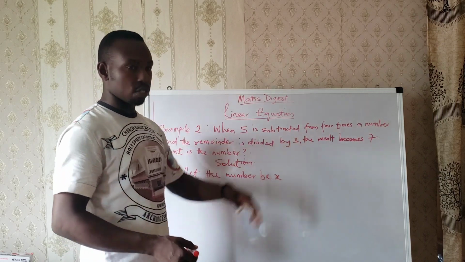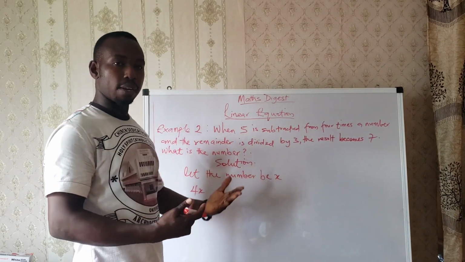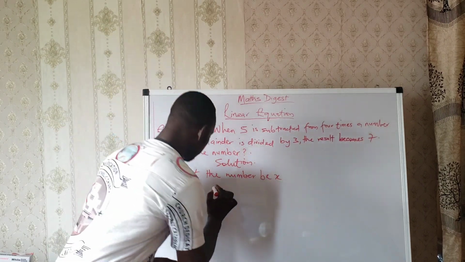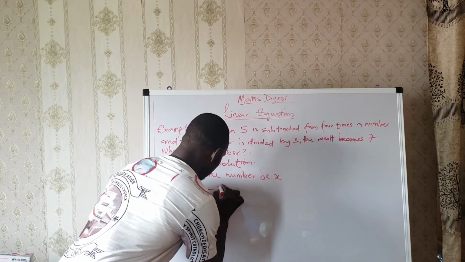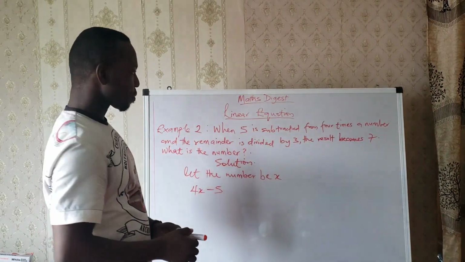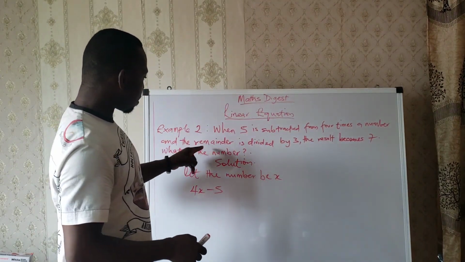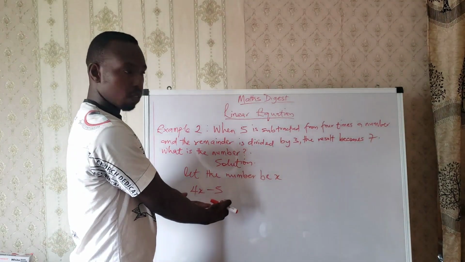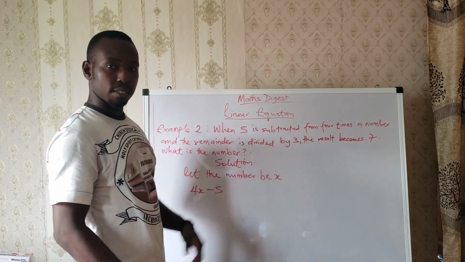When you talk about subtraction, you can say minus, or negative sign. Minus 5. And the remainder, whatever we're going to get from this, we divide it by 3.